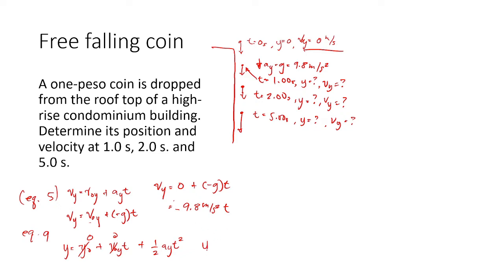So our y will actually be 1 half, and ay natin is negative g because it is falling down. Then we have our t squared. So meaning to say, this will be just 1 half of negative 9.8 meters per second squared. Multiply lang natin yan doon sa time squared.